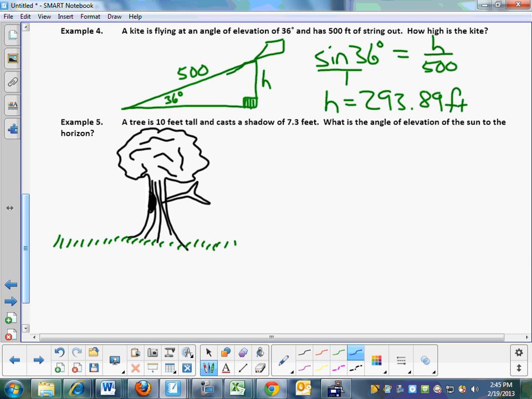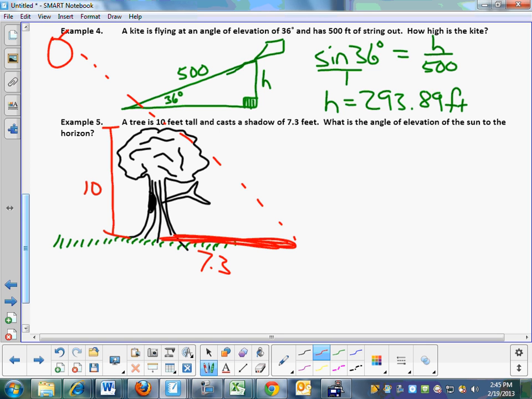All right, there's my tree. It's 10 feet tall. Casts a shadow. There's a shadow, 7.3. It's wondering what is the angle of elevation of the sun to the horizon. So if you would have an angle like this, and there was a sun up here, it's wondering what this angle theta would be.